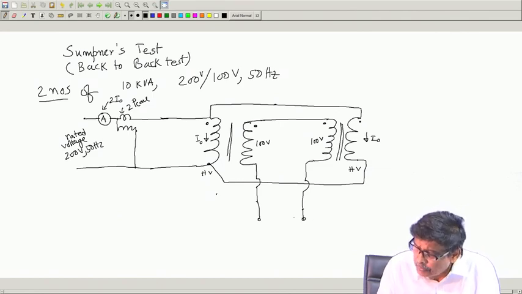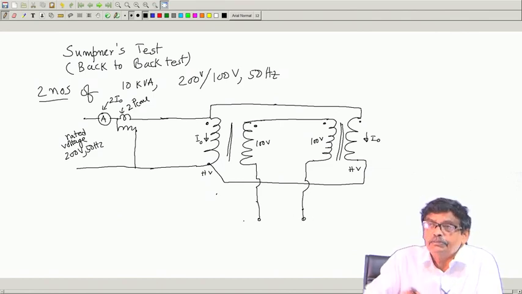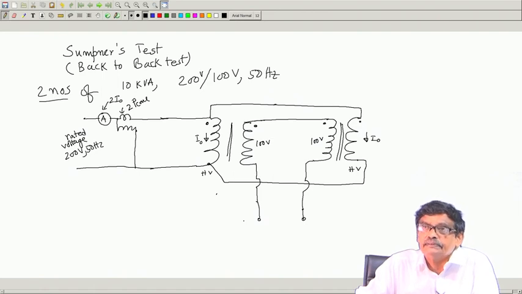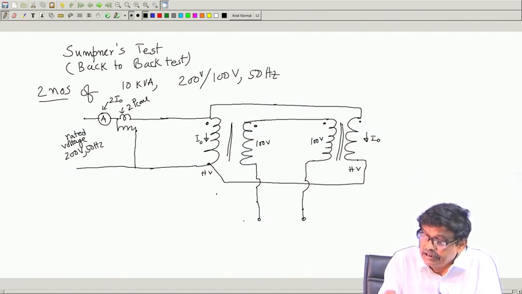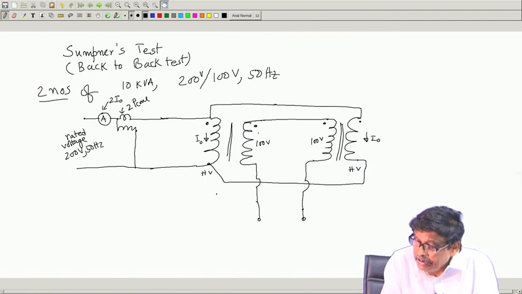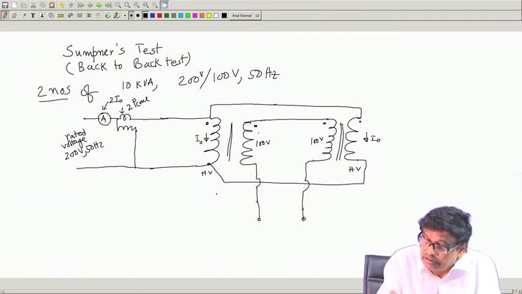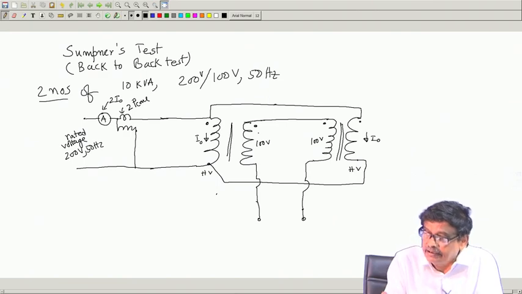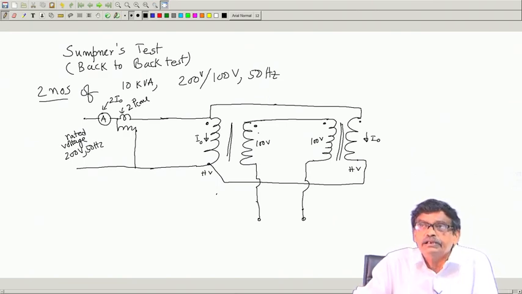If I connect a voltmeter across these two terminals, what will be the reading? You think a bit and then tell. Because the polarities are plus and plus, they are opposing. So, it will be 0 voltage. Although connected by a piece of wire, the voltage existing between these two points is 0.